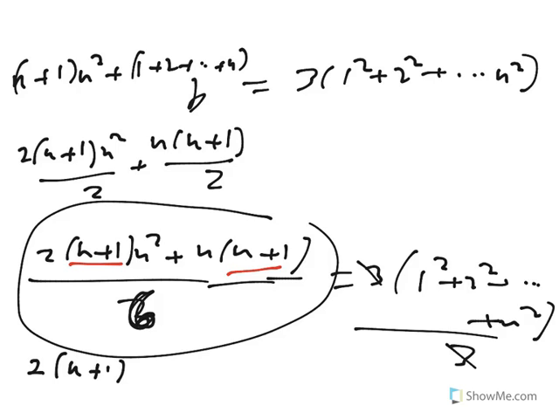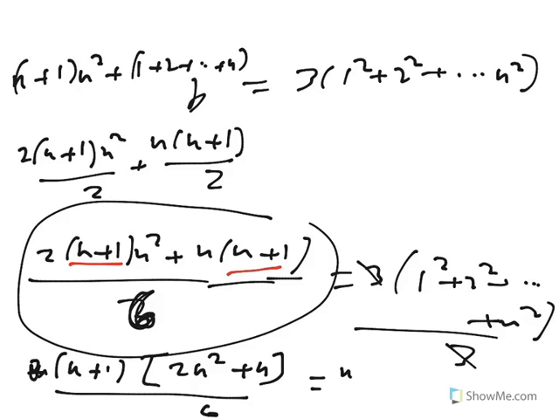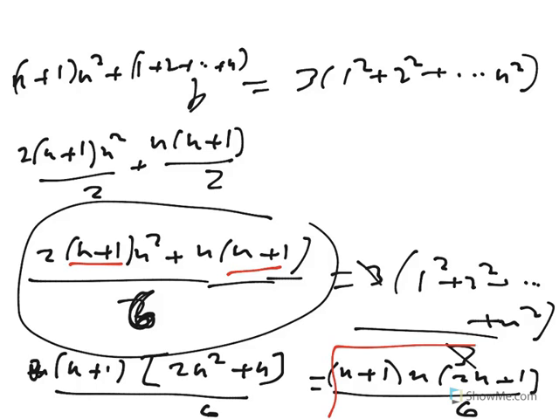Inside the parentheses, I factor out the n plus 1, and I get 2n squared plus n over 6. But I could factor an n out of that and get 2n plus 1. And this is our famous formula for the sum of the squares.